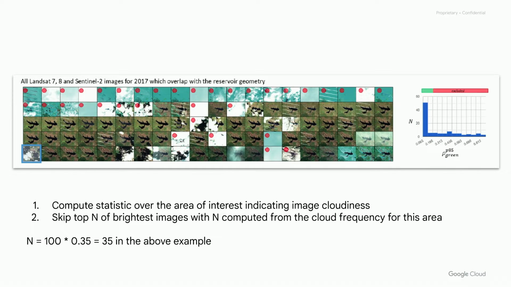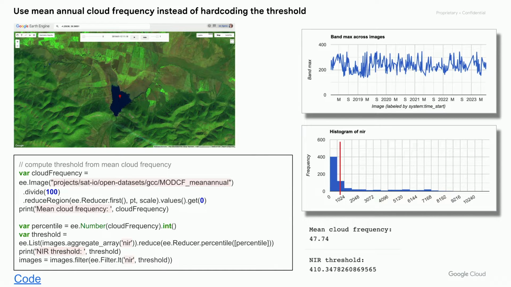If we take these values and sort them, then by knowing cloud frequency, we will be able to sort our images by this property that we computed at one of many locations. And then we can get rid of cloudy images by applying simple filtering. Knowing this threshold for how many images to filter is what you can use to remove the most cloudy images.